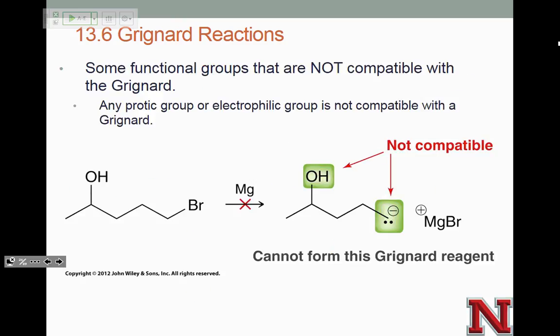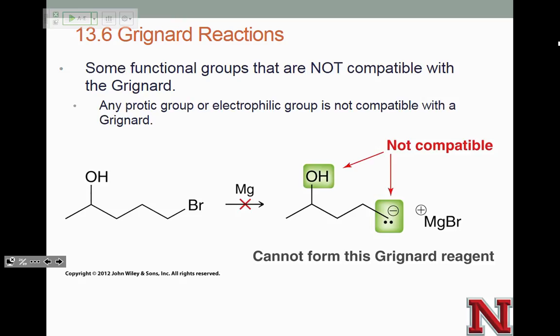Another thing to keep in mind: if there are any acidic hydrogens anywhere, either in our alkyl halide or in our carbon-oxygen double bond containing compound that we're reacting with, this reaction will not occur. As soon as we would form this, it would react with another molecule to deprotonate that, and we would get rid of our carbon nucleophile, just to form an O negative.